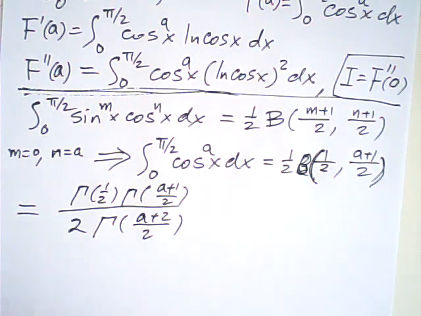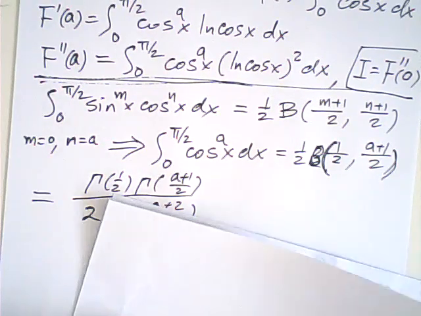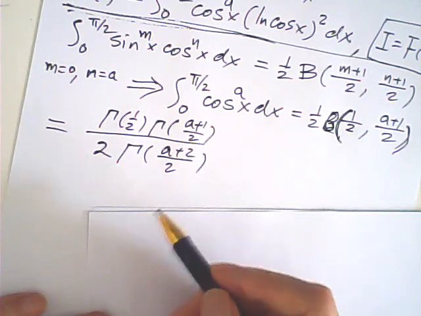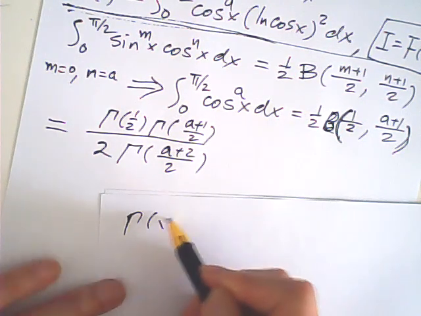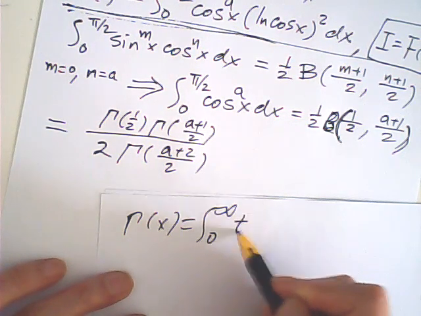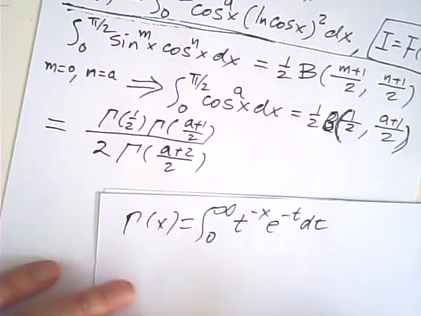Now, what is gamma half? Well, what's gamma? Gamma of x is the integral of t to the negative x, e to the negative t dt, right? That's the gamma function.